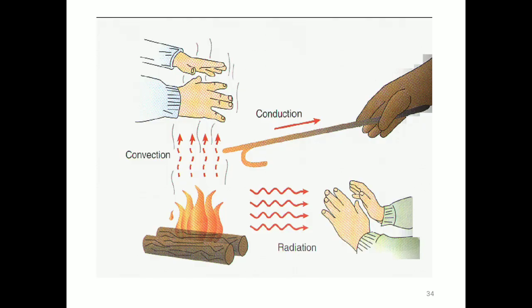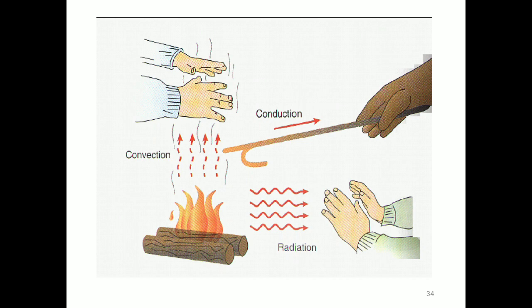You can see from this diagram the processes: convection, conduction, and radiation. So wood is burning, and from that burning wood, an iron rod which is kept in the hand is also getting heated.